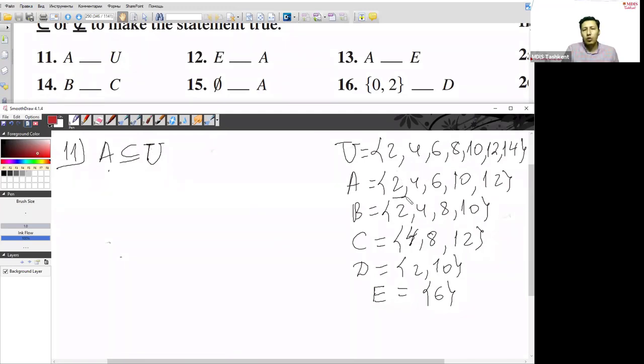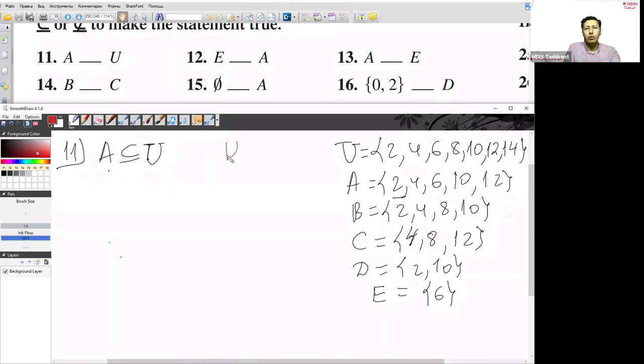Do we have 2 in U? Yes. 4. Do we have 4 in U? Yes. 6. Do we have 6? Yes. 10. Do we have 10? Yes. 12. Do we have 12? Yes. So all the elements of A are also elements of U. Therefore, it is a subset.